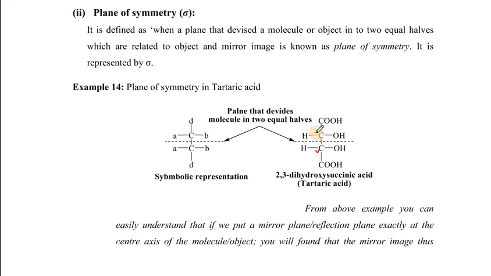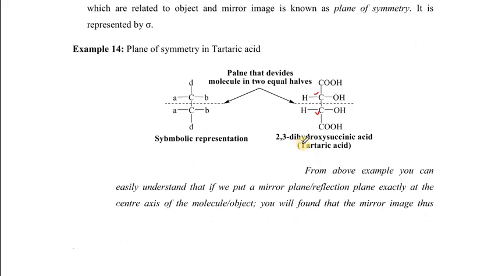So these two carbons are chiral, but it has this plane of symmetry which divides the molecule into two equal halves. So it is optically inactive. So it has a plane of symmetry, from which we can say that it is an optically inactive molecule.